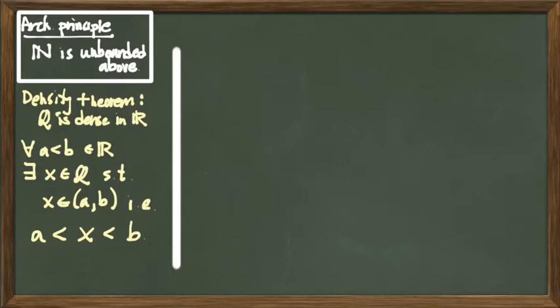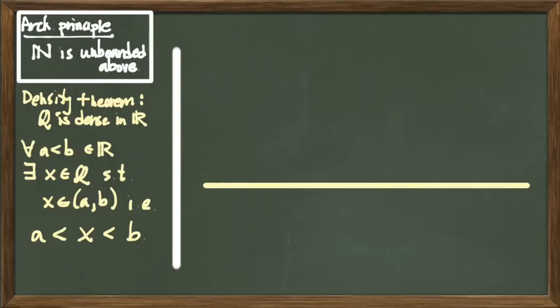So here's the picture that I want to set up. Here I've got my number line, and on my number line I've got my two real numbers A and B. Of course, I'd like to show that there is some rational number, so I'm going to use a vertical line to denote my rational numbers and dots to represent my real numbers.